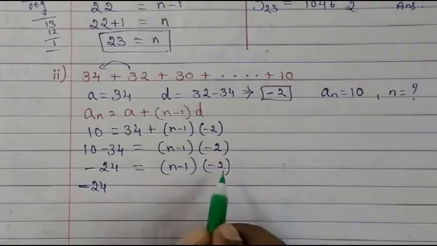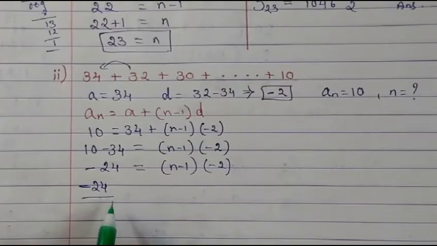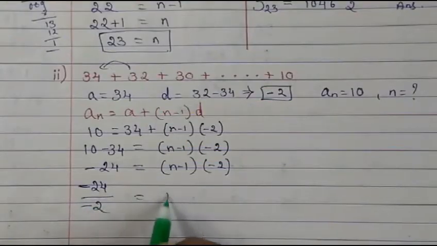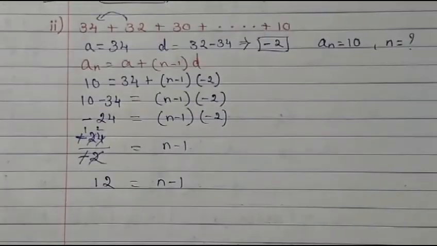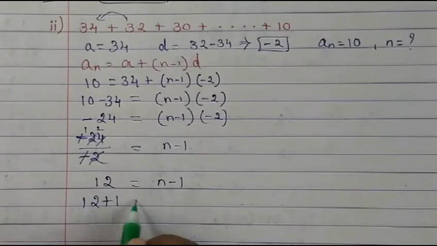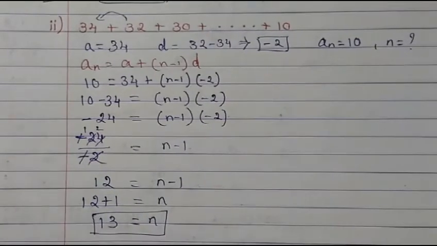So this is in multiplication; when it comes here, it will become division. And minus 1. So then minus minus gets cancelled. Then 2 times 2, 12, so we'll get 12 equals n minus 1. So let us bring this minus 1 to this side, so it will become plus 1. So we get 13 as the value of n.